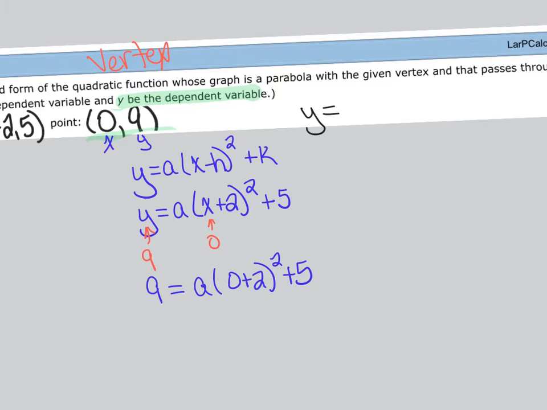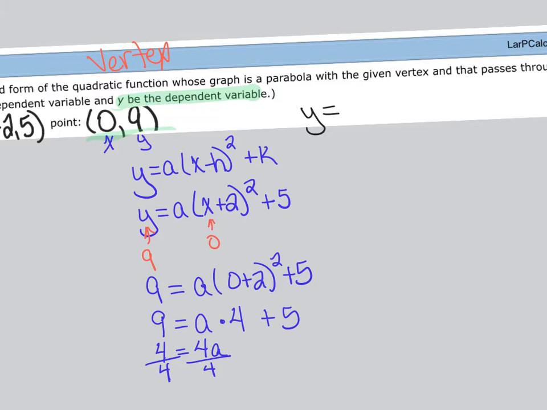Okay? What is 0 plus 2? 2. And what is 2 squared? Okay? I'm going to subtract 5 from both sides. When I subtract 5 from 9, what do I get? Okay. Now I need to divide both sides by 4.